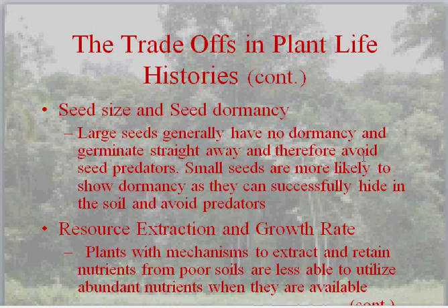Resource extraction and growth rate is another trade-off. Plants which have mechanisms to extract and retain nutrients from poor soil are less able to utilize abundant nutrients when they're available. So if you are very efficient at competing for your nutrients, then you are less able to take them up when there are large amounts around.